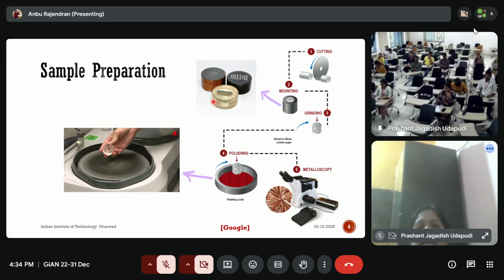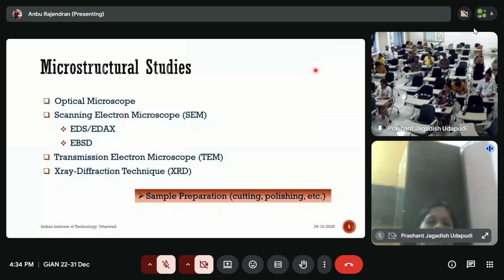So how do you start the sample preparation? If you have a bulk sample, a cutting process is required to make a small sample, because each microscope I have mentioned has its own limitation of sample size.